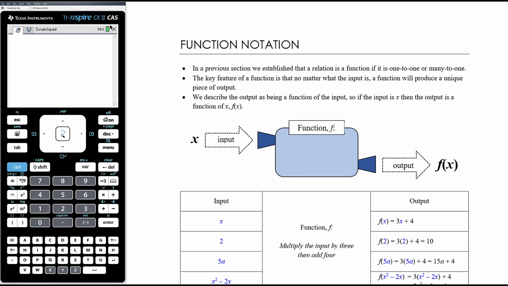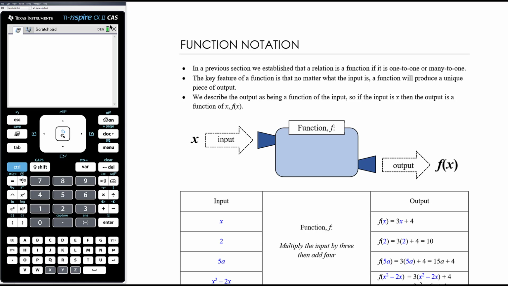There might be other x values that give me that same one y value, but what it means is any number that I shove into the function spits out just a single number. It's not going to, unlike a one-to-many relation, for example, which looks like this. This particular x value spits out two different y values. However, in a function, no matter what x value I pick, I just get one piece of output.